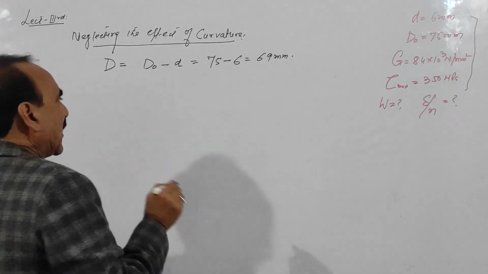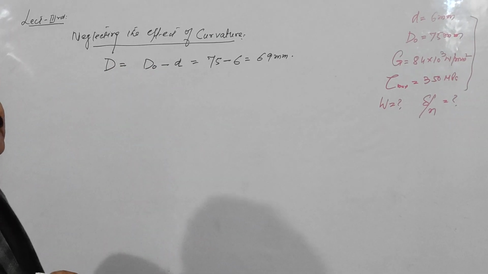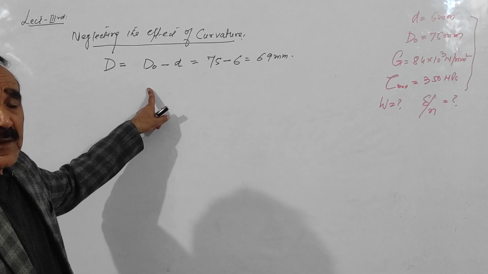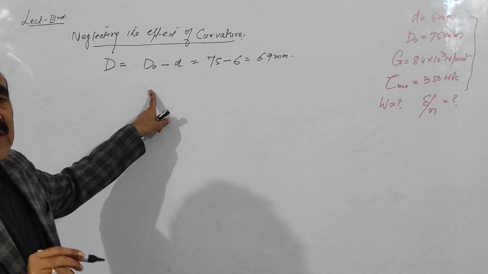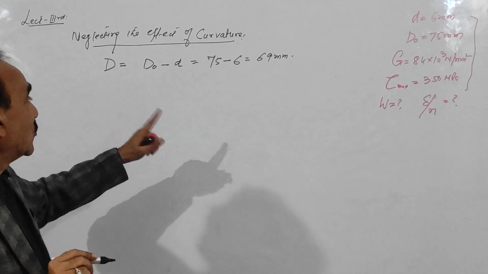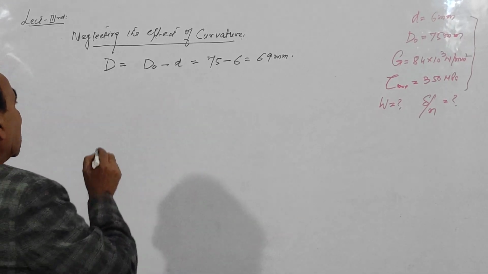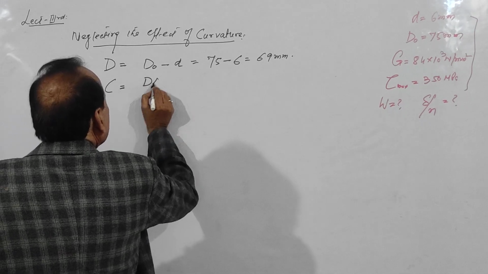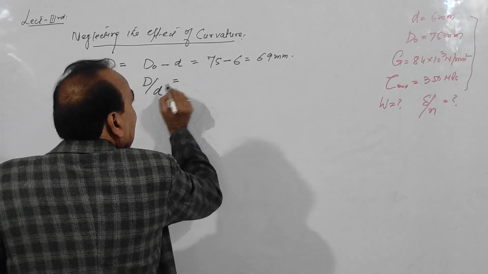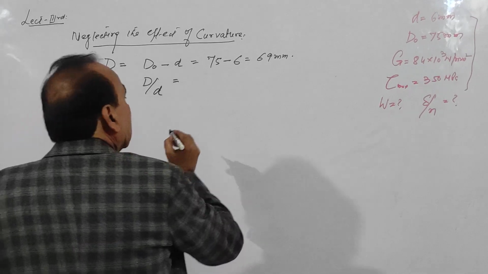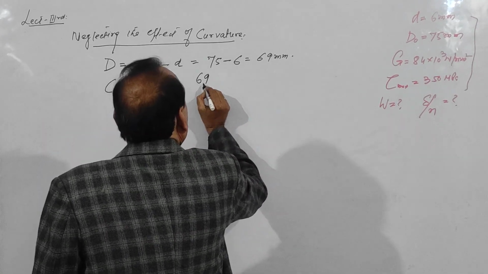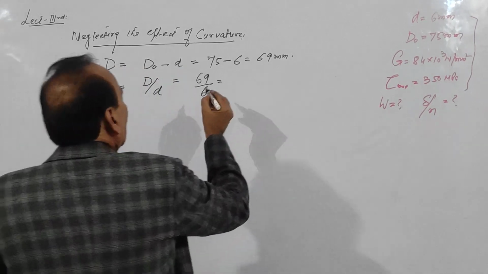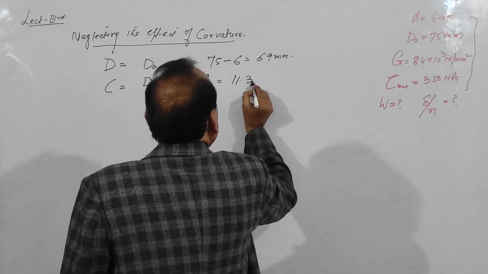Right? Second, I will calculate the spring index. Why? Because the shear stress factor that I will take is equal to 1 plus 1 upon 2c. So I will calculate the spring index too. So the spring index c is D upon d. So you can say this is 69 upon 6, which is equal to 11.3.